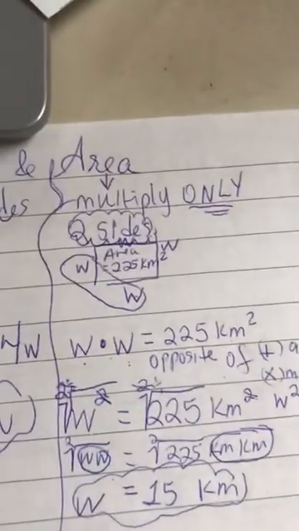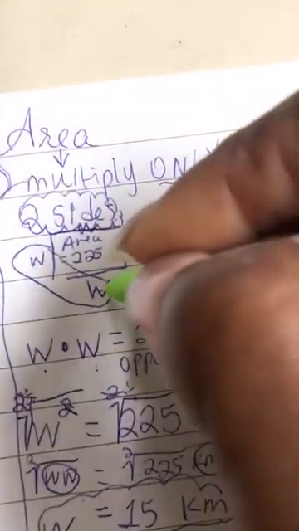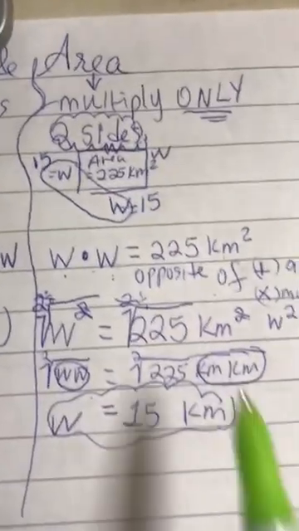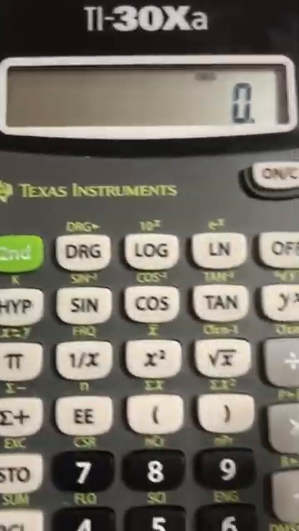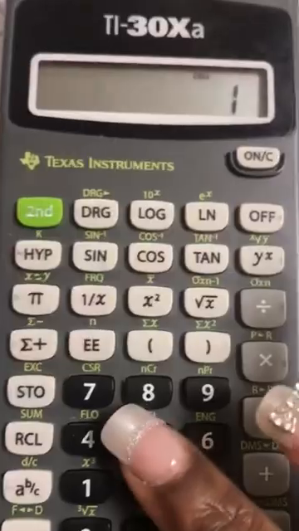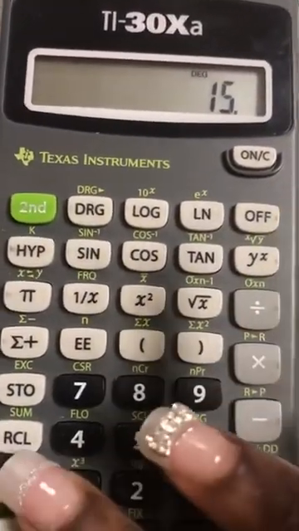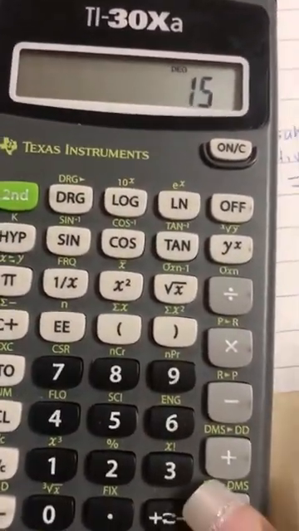So W is equal to 15, but we're not done yet. The area is 15 times 15, which is equal to 225 kilometers squared.